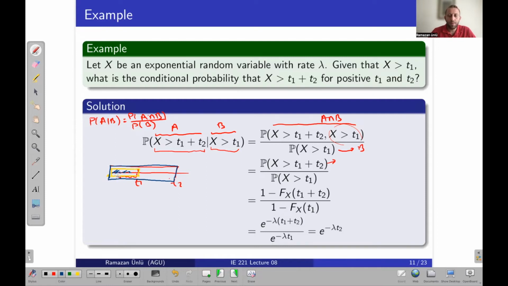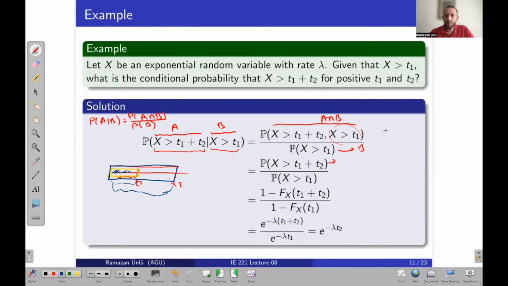In this example, if this happened, I cannot satisfy this event. That's why I'm not taking this one, I'm taking that one. So simply, if X is greater than t1 plus t2, that means those events have already happened. The occurrence of this event will satisfy the occurrence of the other event. That's why I can just take the probability of X greater than t1 plus t2.